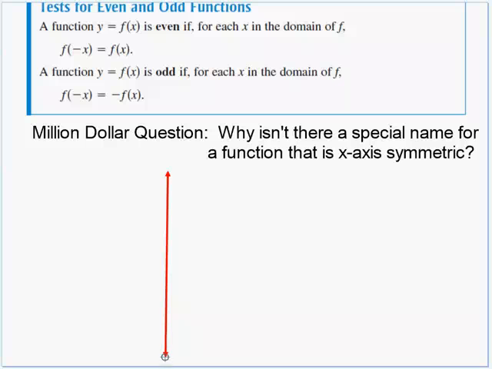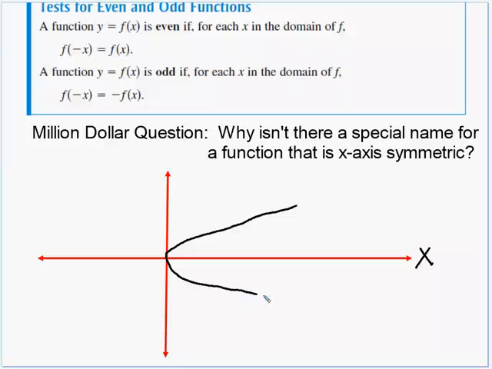Okay, let's think. And the keyword here is function. A function is even if it's symmetric to the y-axis. A function is odd if it is symmetric to the origin. Here's my x-axis. A very simple graph that would be symmetric about the x-axis would be a sideways opening parabola. Do you see what I'm going for here? A function, a function.